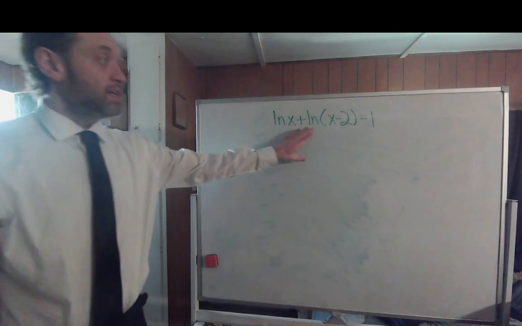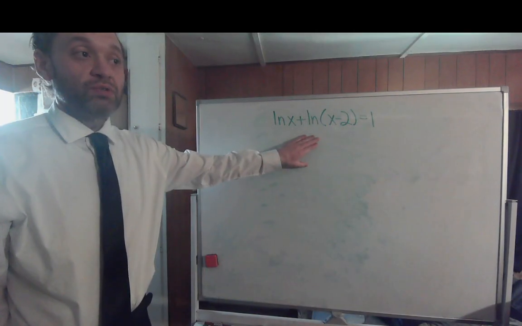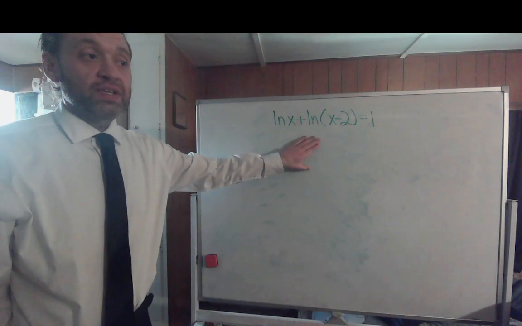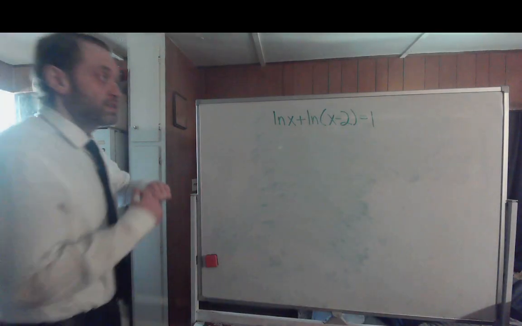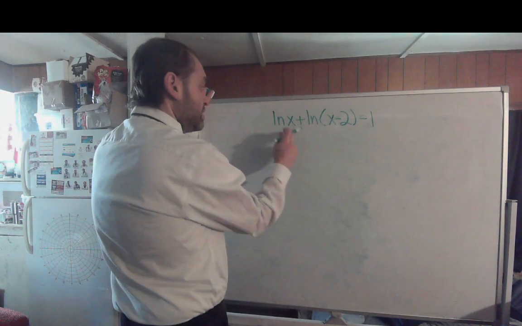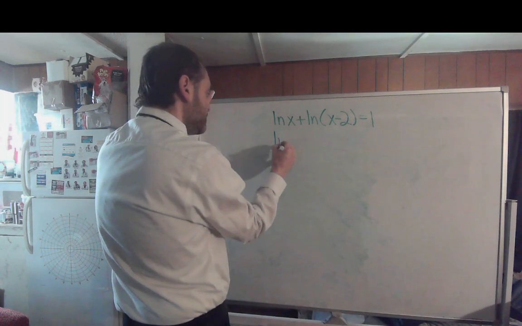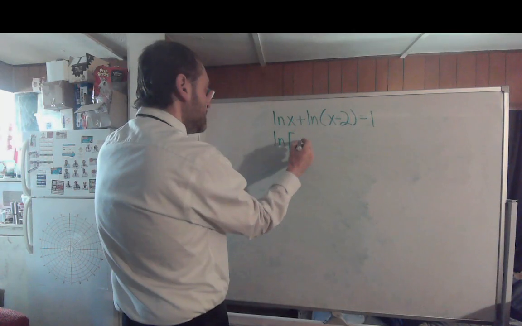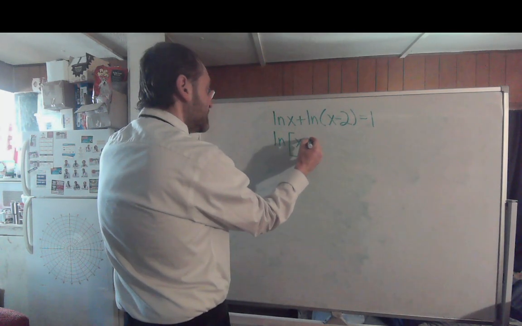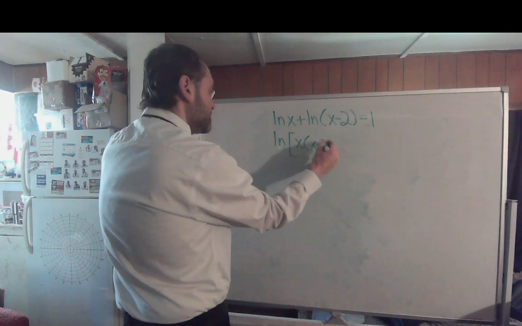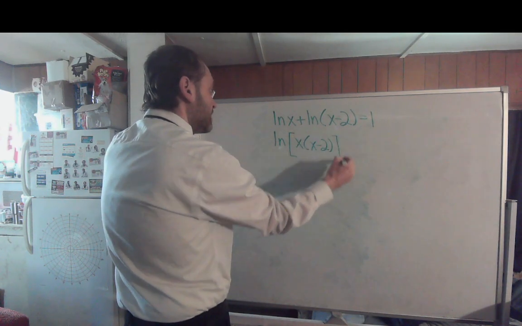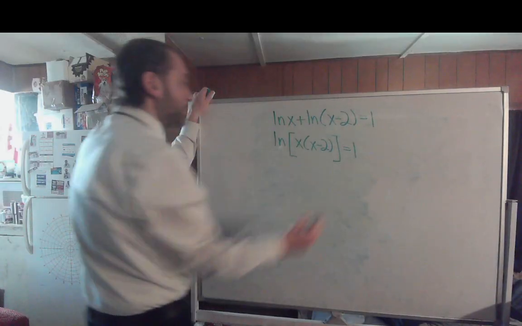Well, on the left side you have the sum of two logs. Isn't that the exact same as a product of these two terms in the log? So this would turn into the natural log of x times x minus 2 equals 1.